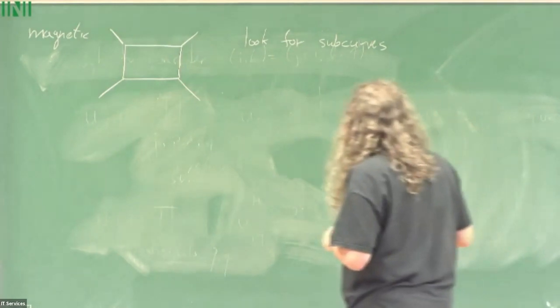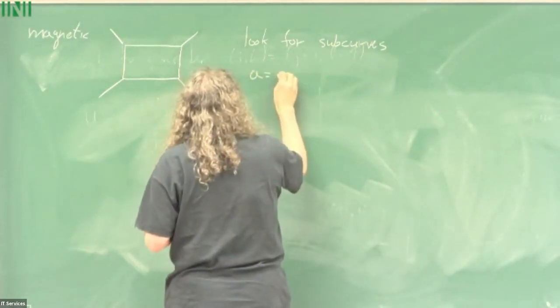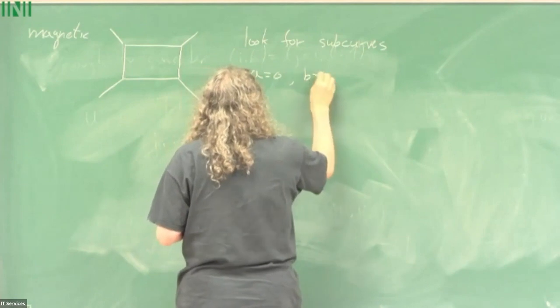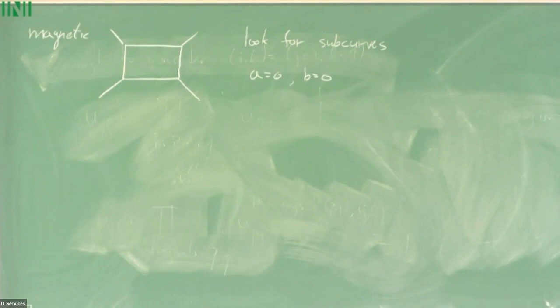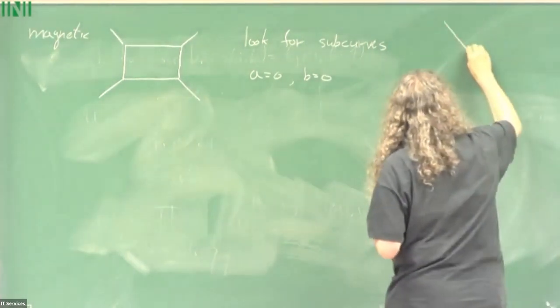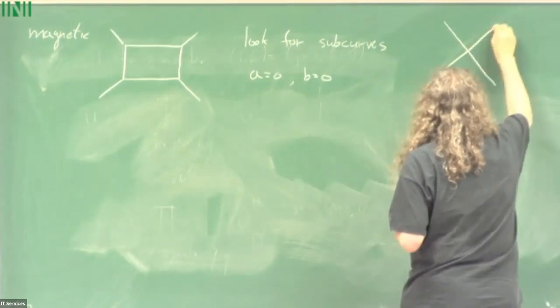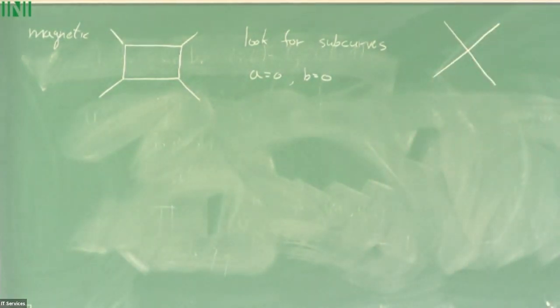However, what I can do is to take those moduli, I can take them to 0. Now I'll get this tropical curve. And clearly here, I do have two subcurves. Okay, so I can split them. And now I will use the magnetic quiver.